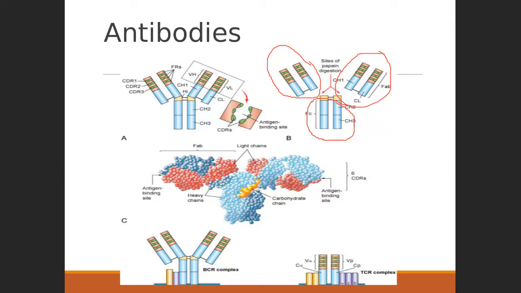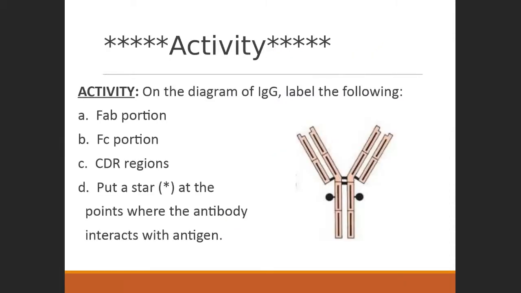A mast cell would be a good example of it. You should know the different portions of the antibody. So when it comes to labeling where the Fab portion, where the FC portion is, put a star where the antibody would interact with the antigen.